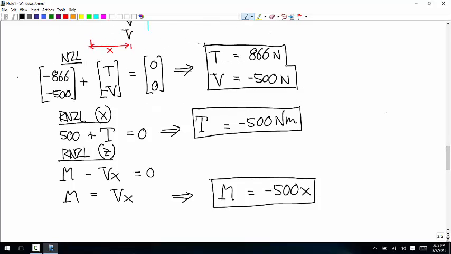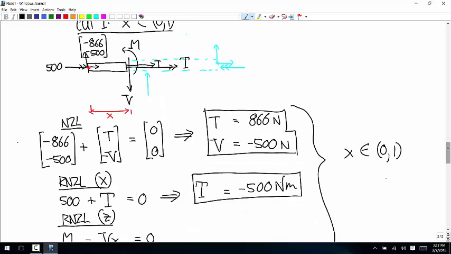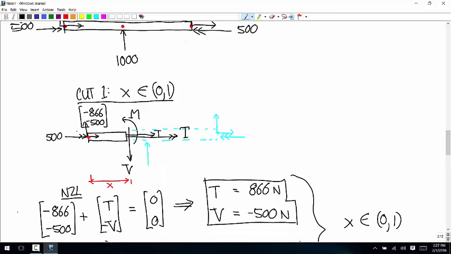Okay, so we have these four subfunctions. So these subfunctions work for different values of x. And remember that if you're outside of the range 0 to 1, these don't mean anything, okay? These are only valid for our cut that goes from the left endpoint to an x value between 0 and 1.